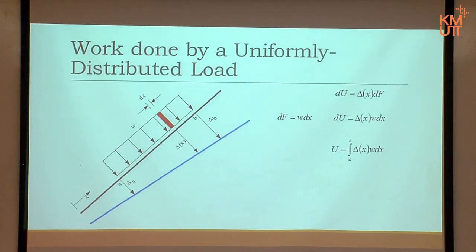If it's constant, then I can take it out of the integration. Now, that integration, although in a very unfamiliar form, is actually the same thing as integration of y dx. Basically, you integrate the function with respect to the variable. So what you get is in fact the area under the graph.